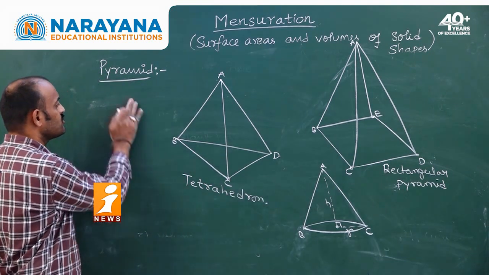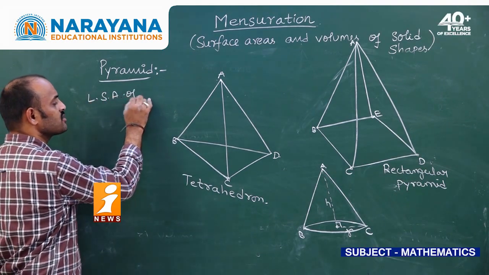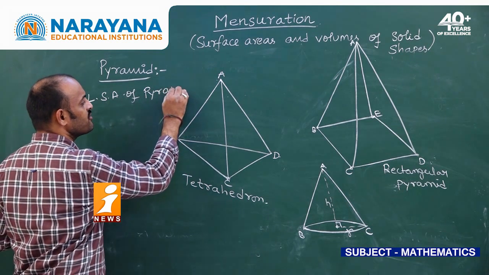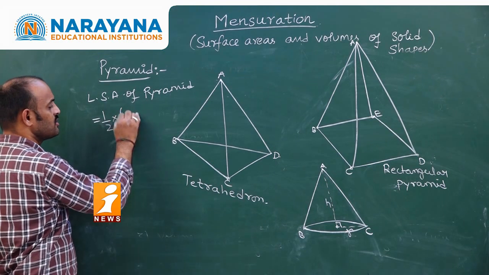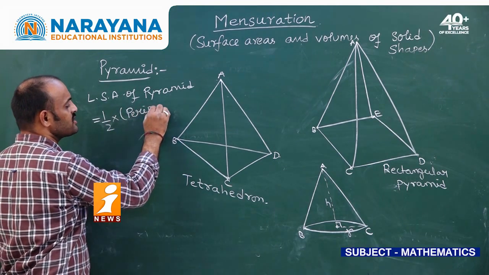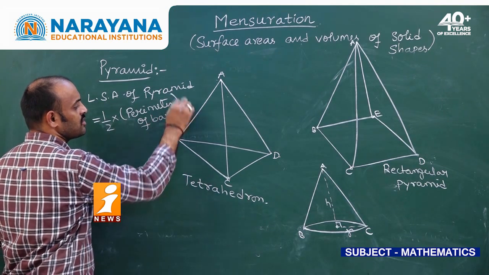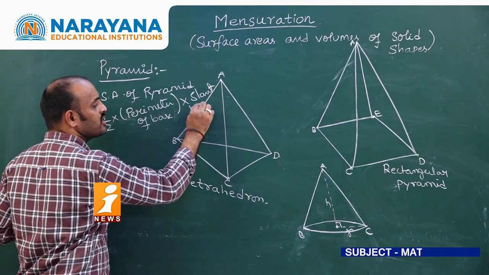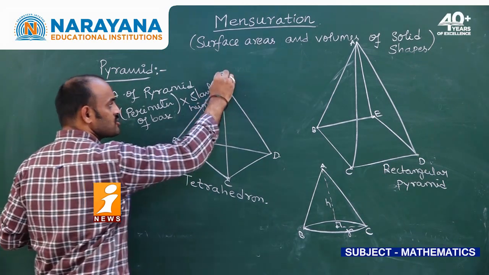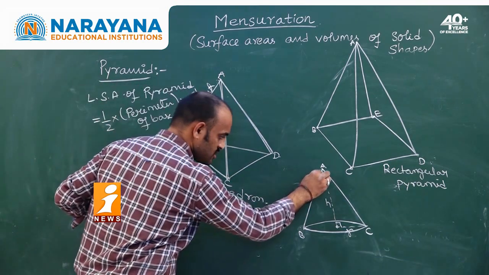So in cone, what is the lateral surface area of pyramid first? Lateral surface area of pyramid is nothing but half of perimeter of base into slant height. So what is slant height here? All these line segments are called slant heights.